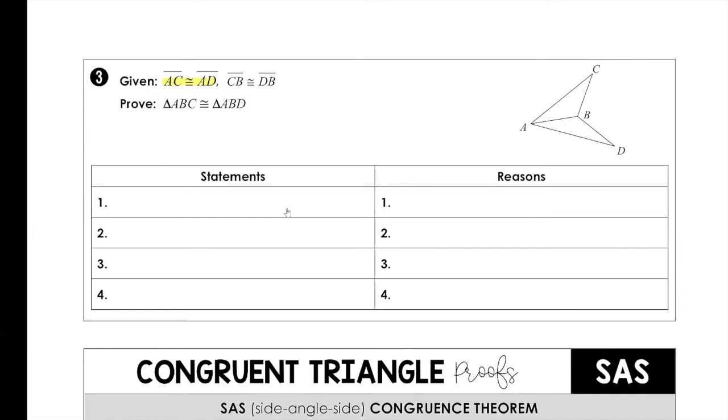What's wrong, guys? And then CB is congruent to BD. Silly old Will. So hold on, I'll write it in there for you, because you guys will never have to do a completely blank one, because I'm me.